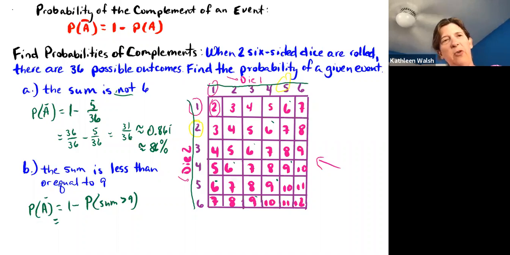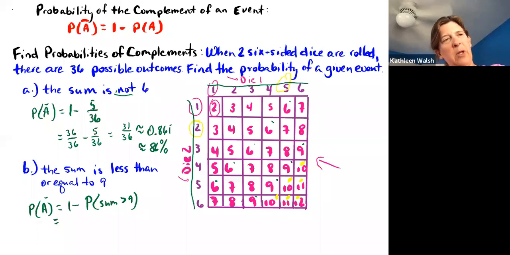The sums greater than 9, and I'm going to highlight this in yellow, would be this box, this box, this box, as they're all 10s, 11s, and 12s. I'm going to finish the problem.